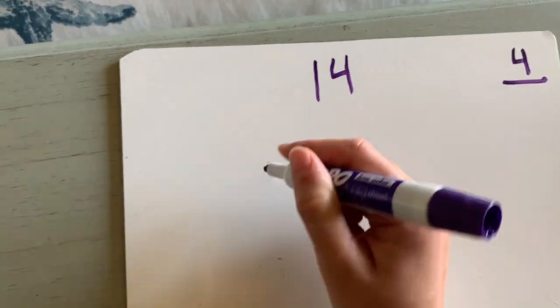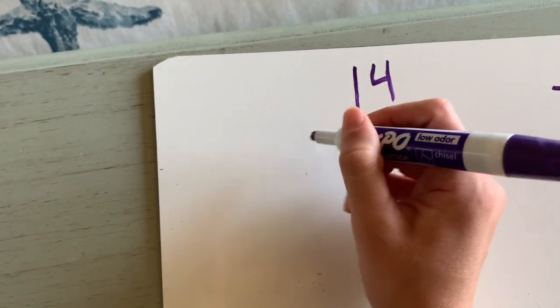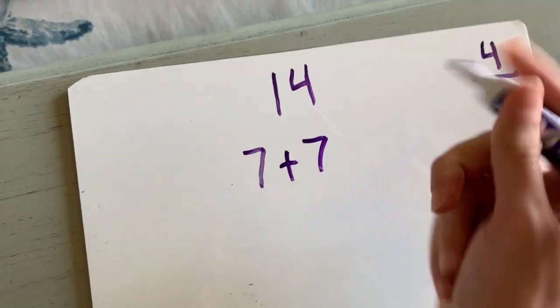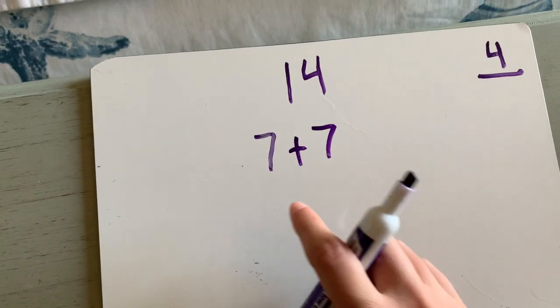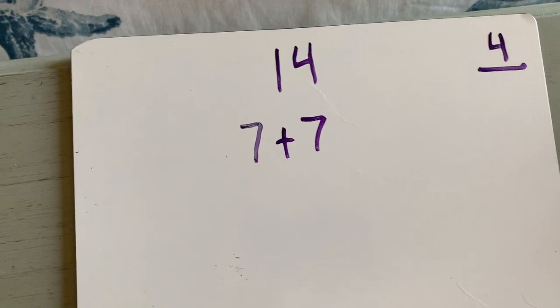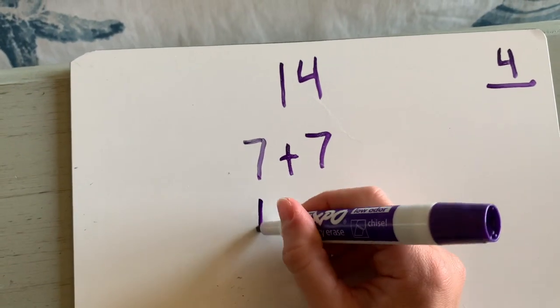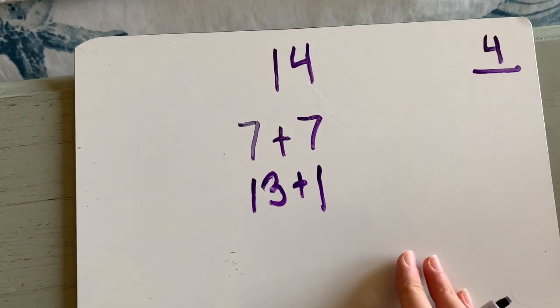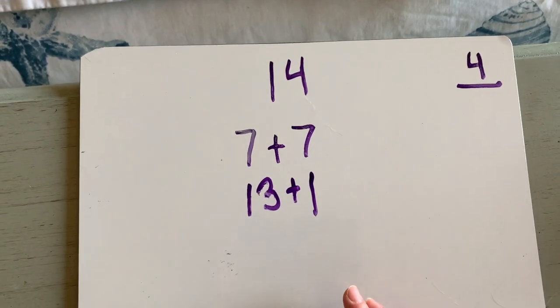I know a doubles fact that makes 14. I could do 7 plus 7. I can't do 10 plus 4 because I can't use my 4. I could do 13 plus 1. What about some subtraction problems?